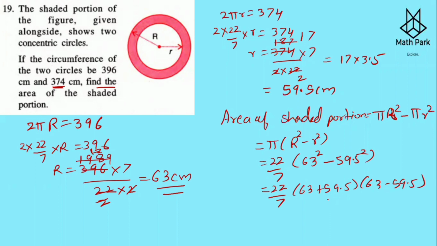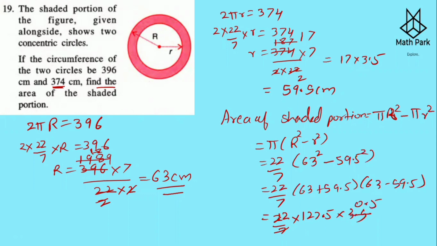So you have 63 plus 59.5, which is 122.5. So this is 22 by 7 into 122.5, and 63 minus 59.5, you get this as 3.5. So 7, if I divide by 3.5, I get 0.5.